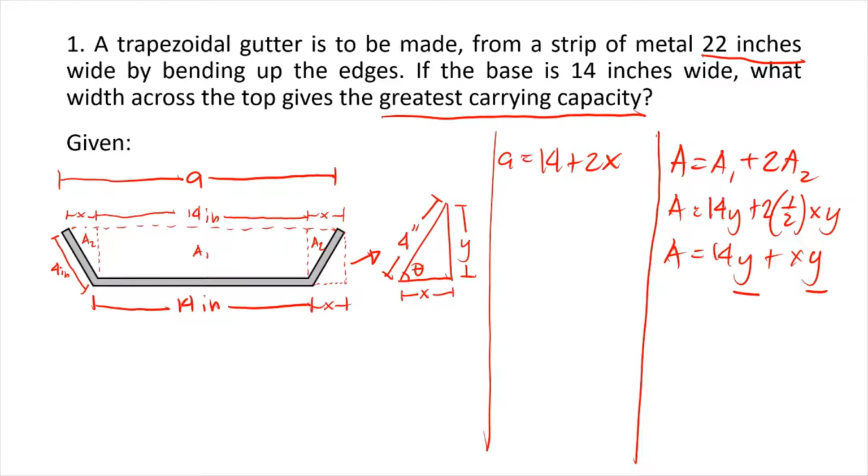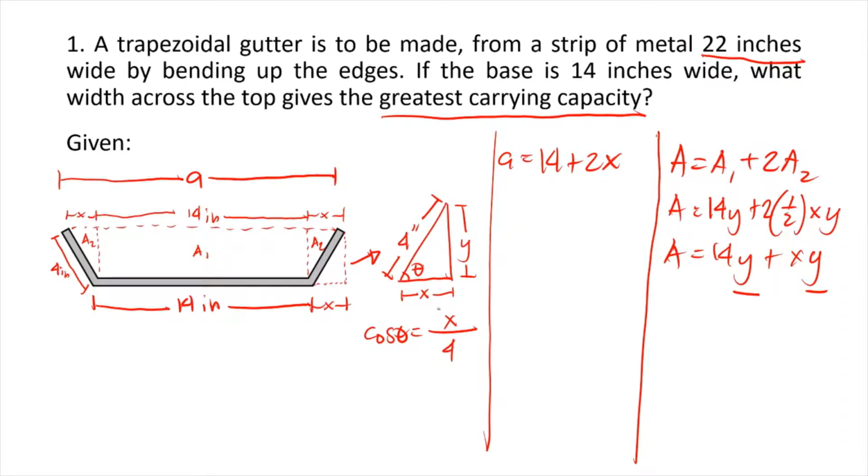Okay, so let's go back to this right triangle here and let us formulate some trigonometric functions of angle theta here. So we have theta, adjacent angle theta is x, opposite angle theta is y, hypotenuse is 4. So let's define x and y in terms of trigonometric functions. So first for x, since it is the adjacent side relative to theta, then we can use cosine, right? So cosine of angle theta here equals the adjacent side, which is x, divided by the hypotenuse, which is 4.